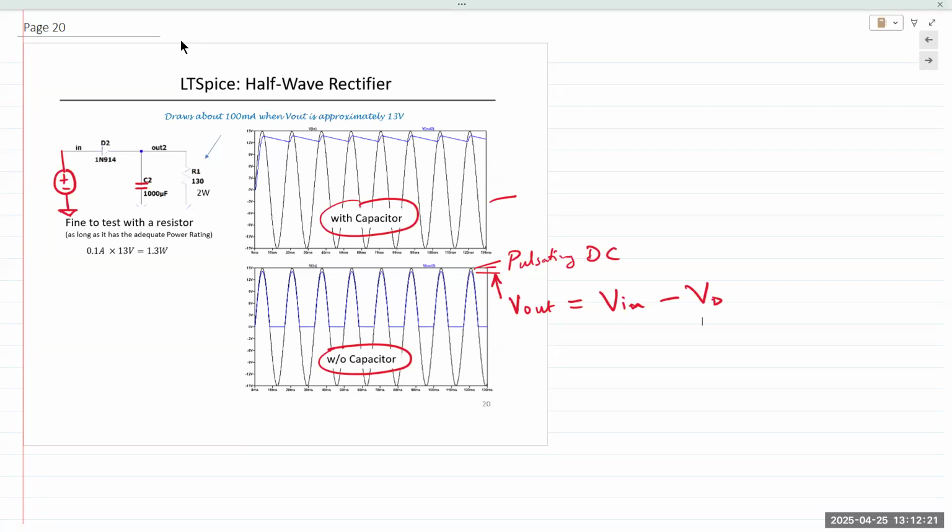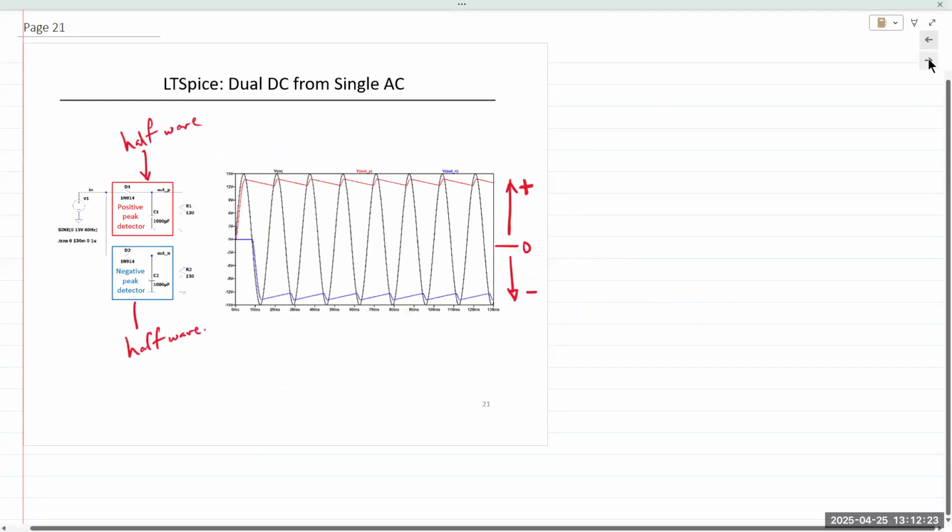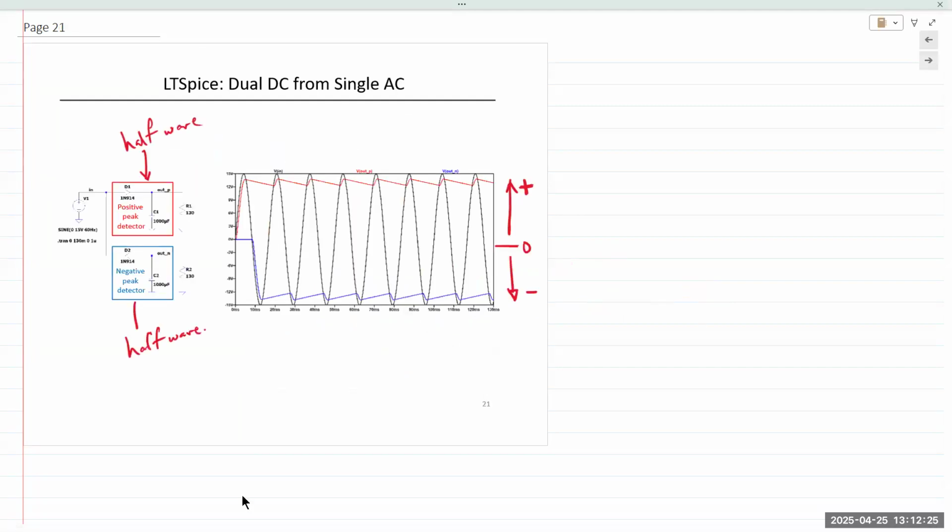All right. From there, we looked at using two half-wave rectifiers to create a dual DC supply, meaning a plus-minus DC supply, something that we used in the op-amp labs, I believe lab 2 or 3, where we created a dual power supply.